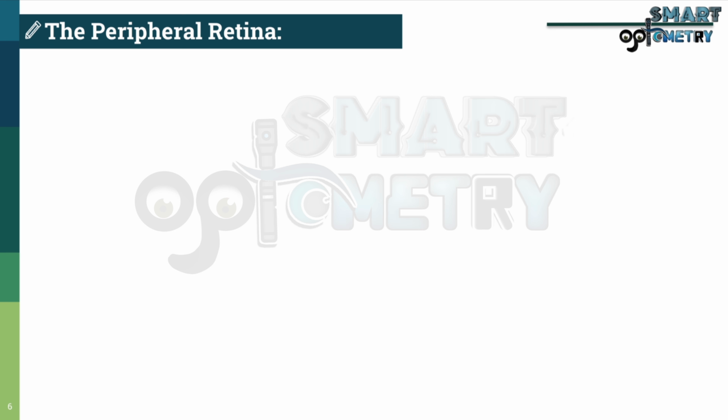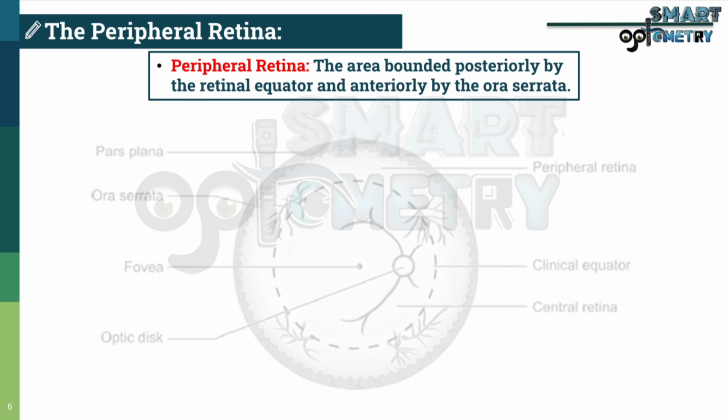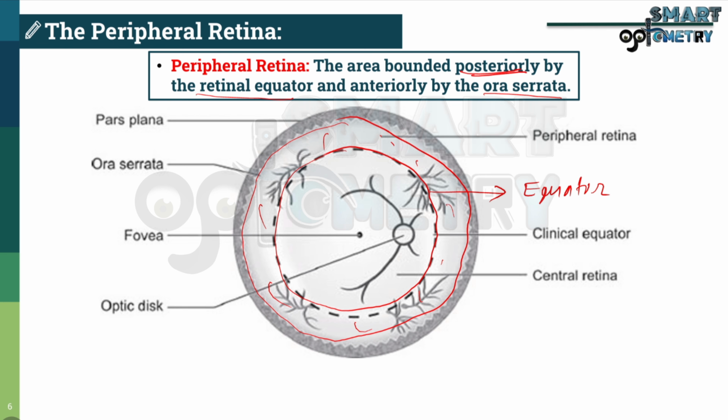Now let's know detail about the peripheral retina. The peripheral retina is an area bounded posteriorly by the retinal equator and anteriorly by the ora serrata. So this area is the peripheral retina, and posteriorly it is bounded by the retinal equator, that is equator, and anteriorly it is bounded by ora serrata.